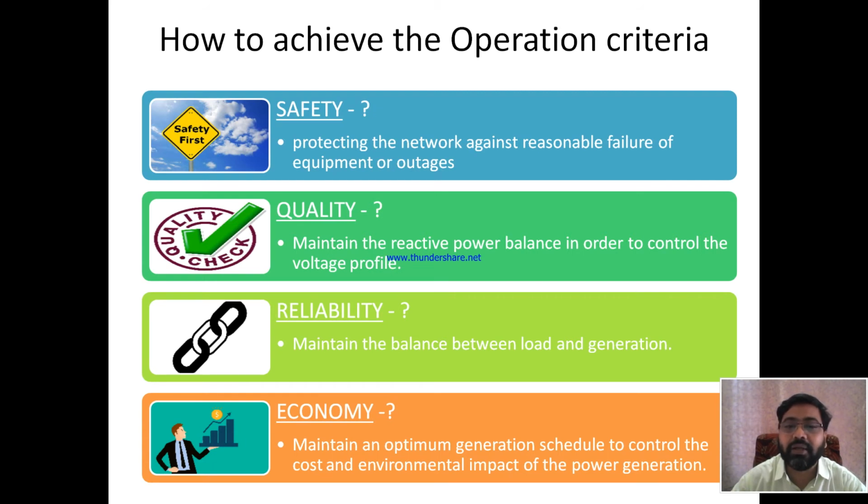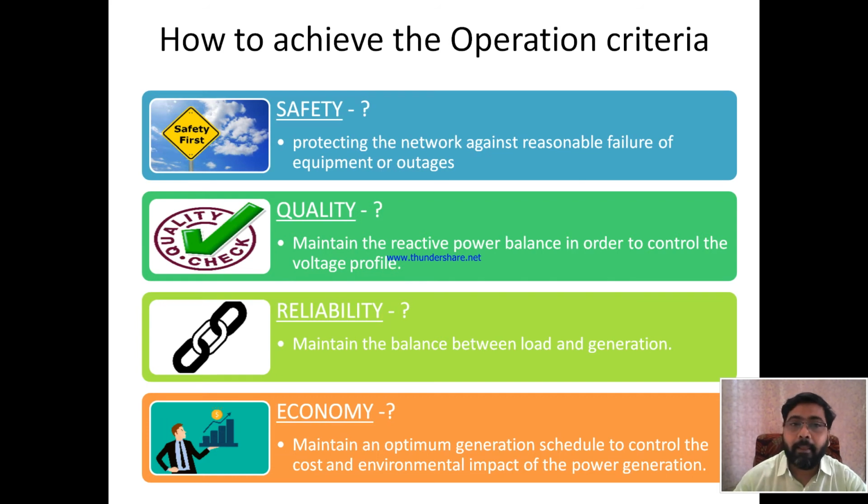Then reliability: reliability is maintaining the balance between load and generation. Economy can be maintained by an optimum generation schedule to control the cost and environmental impact also. Although in this series we are only minimizing the cost of power production.